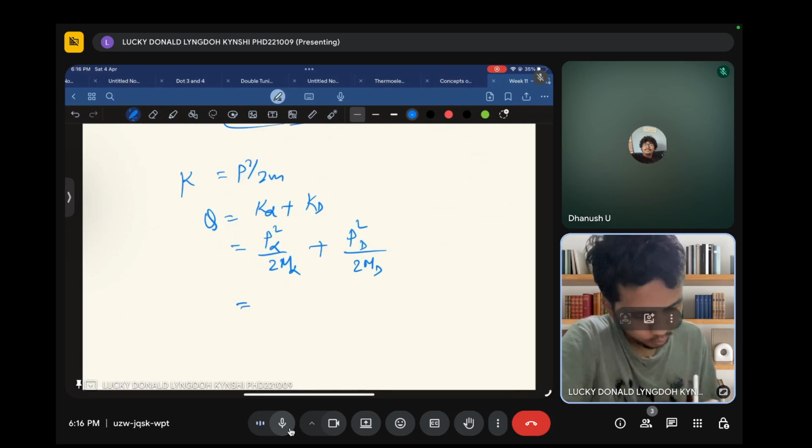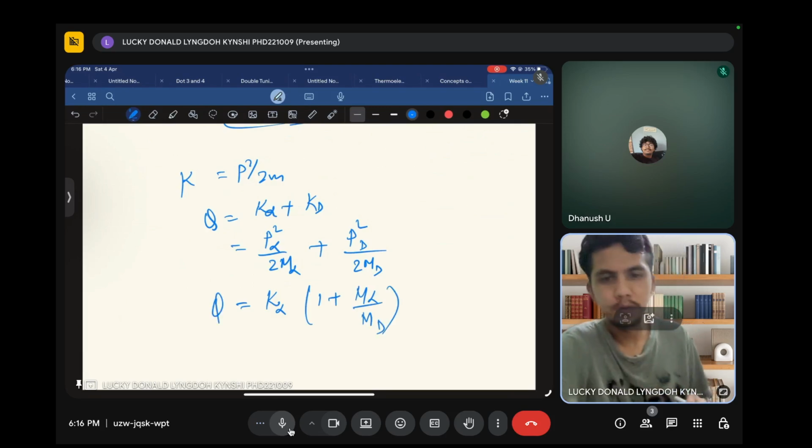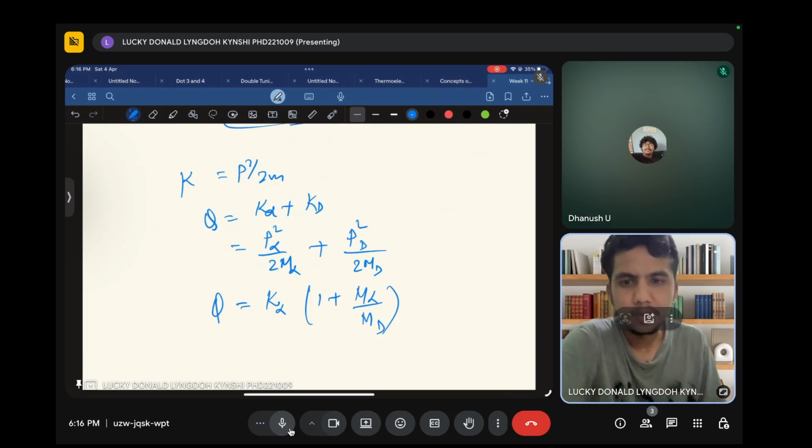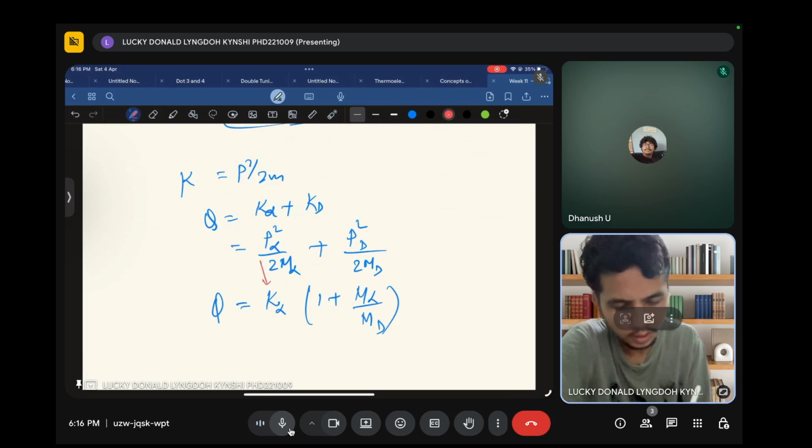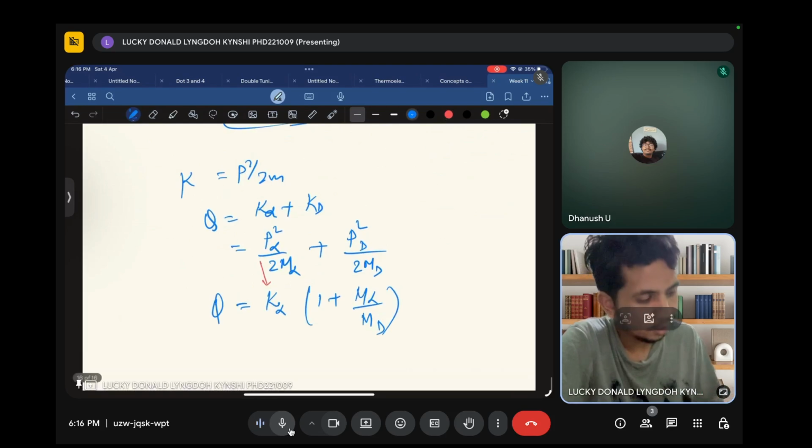This will be equal to kinetic energy alpha times 1 plus m alpha divided by m d. This is Q. So how do we get this? We can just take common P alpha square by 2m alpha, so you will get the kinetic energy of the alpha particle.